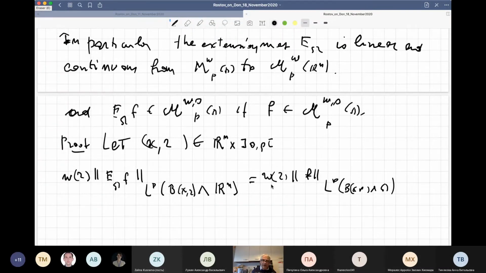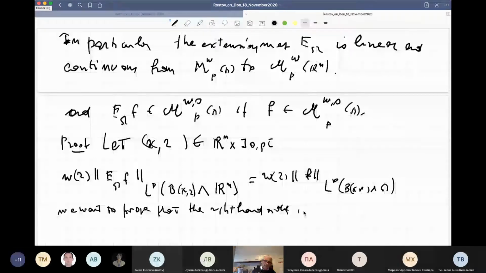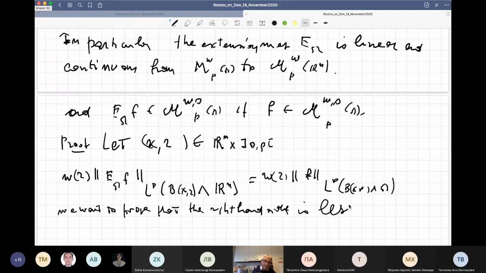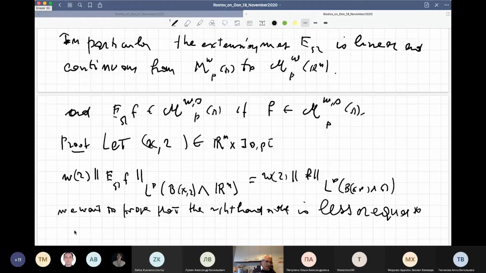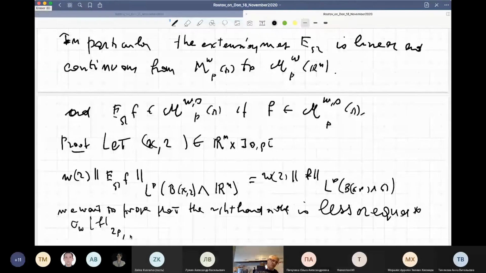And now you remember that we want to prove that the right-hand side is less or equal to sigma_w, do you remember that, a doubling number, times the norm of f in L^p_w(omega), with 2 rho.